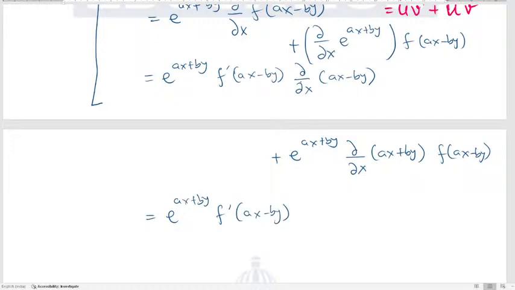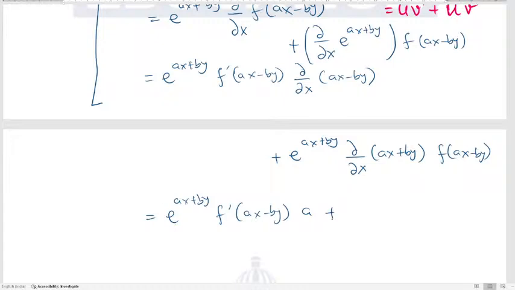See here that this differentiation gives us just a, because the differentiation of ax is a, and the partial derivative of by is 0 because it is with respect to x, while any other variable, any other term, any other symbol is a constant, right?